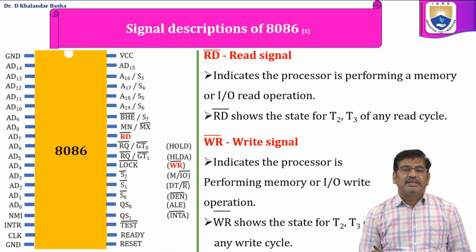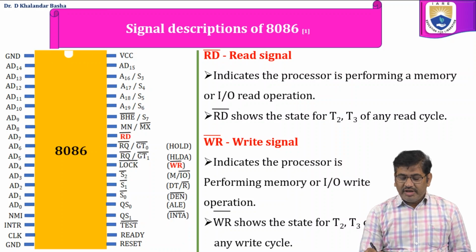RD bar is the read signal, which is an active low signal. The RD signal indicates the processor is performing either a memory or IO read operation. The read signal shows the states T2, T3 of any read cycle.